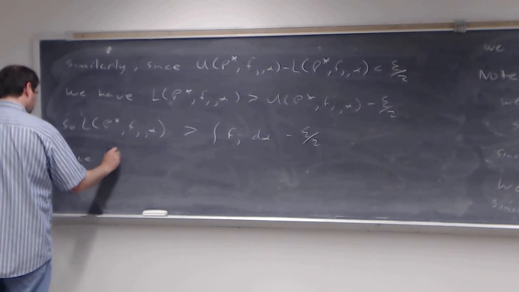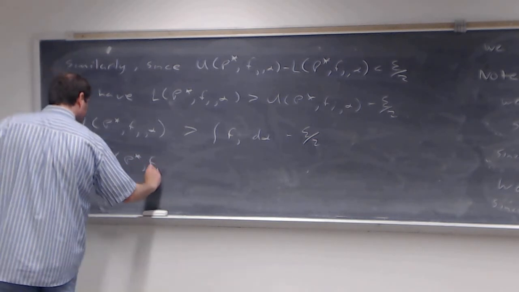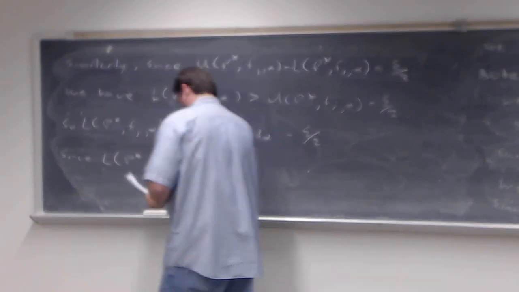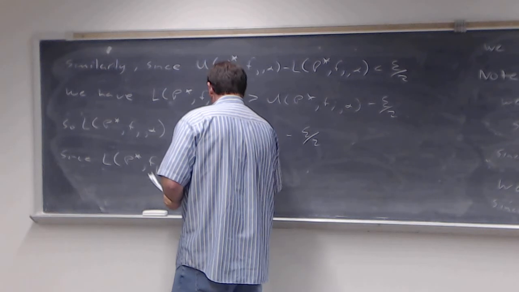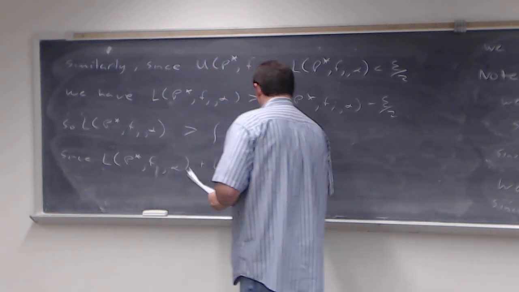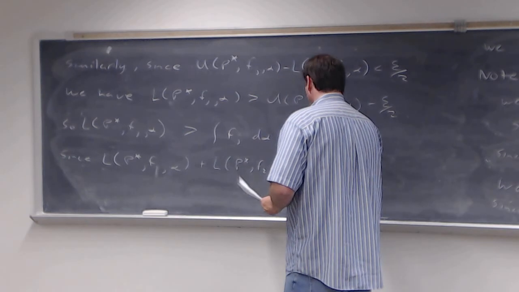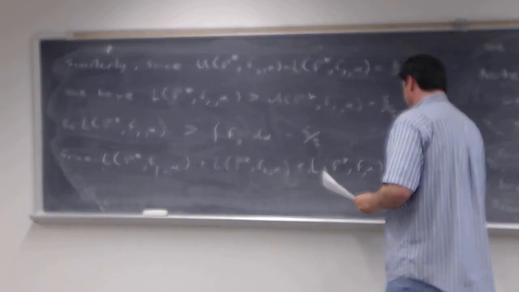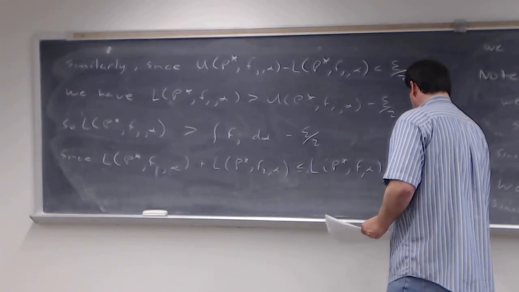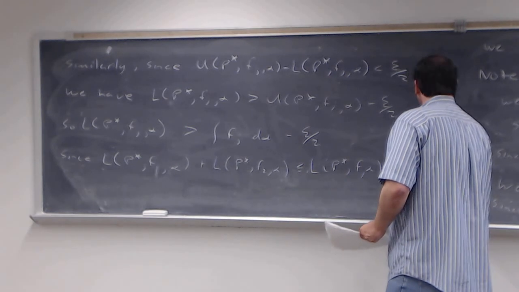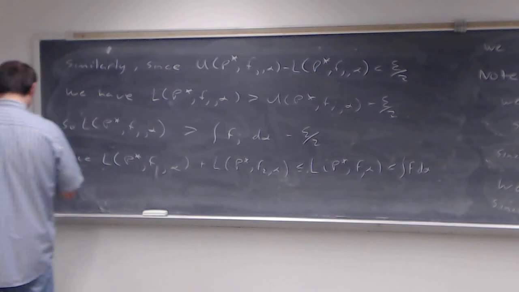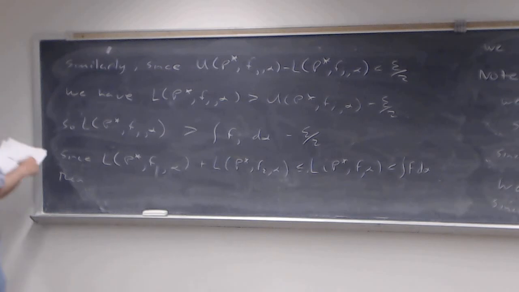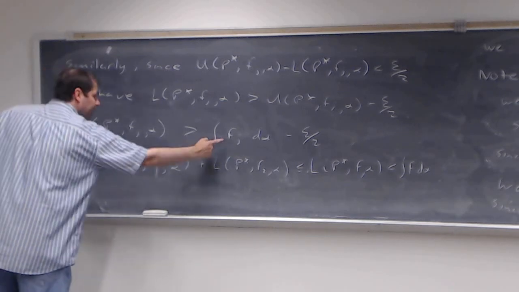Since this lower sum with f sub 1 and alpha, excuse me, not j, plus the lower sum with f sub 2 and alpha is less than or equal to the lower sum of this partition with f, their addition, and alpha, which we know to be less than, this integral is the sup of all of these, the integral of f d alpha, then something smaller than that is written right here.